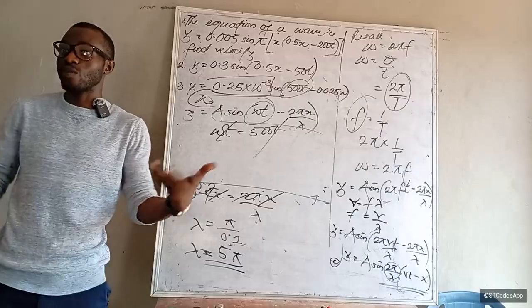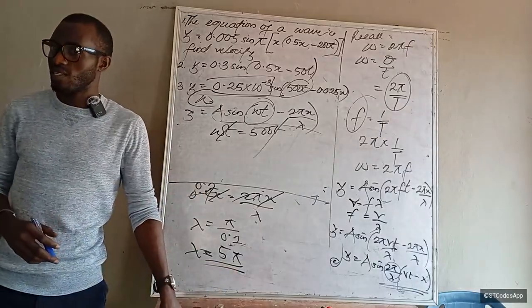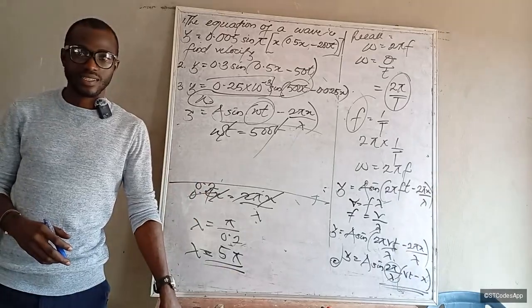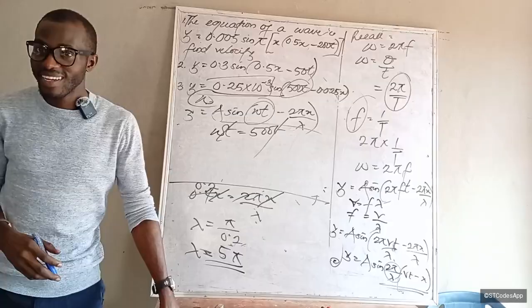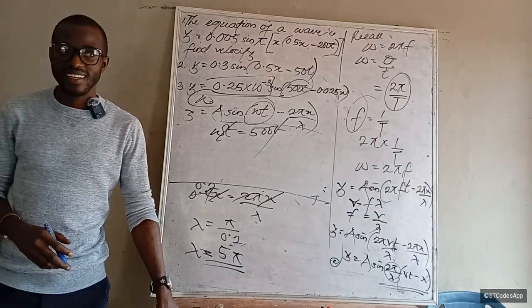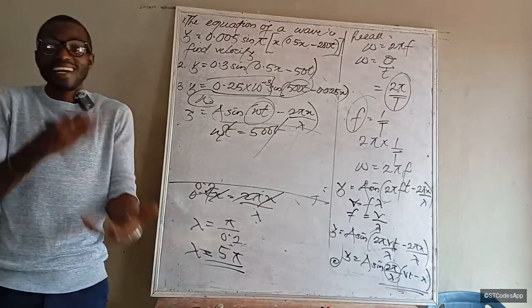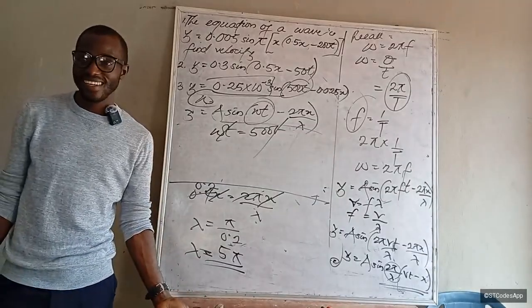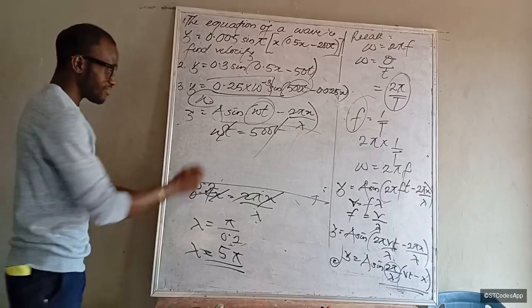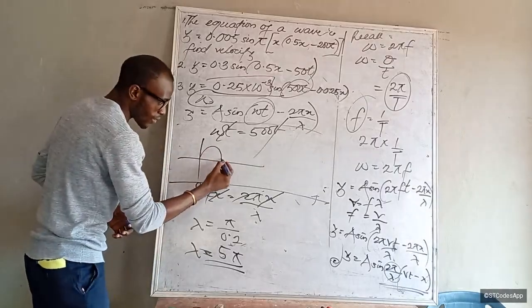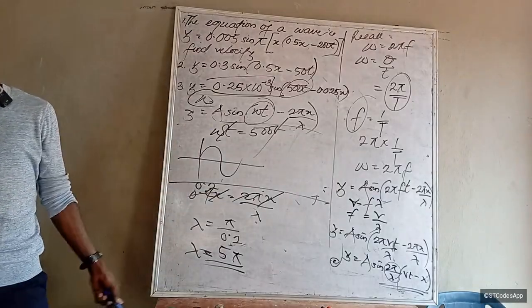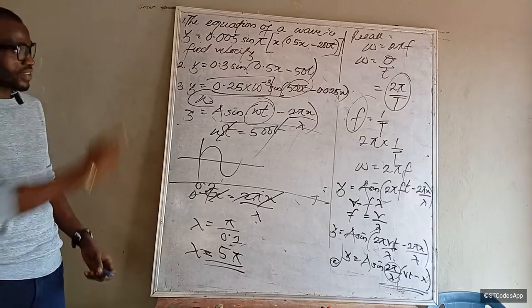The maximum upward or downward displacement of a wave is the amplitude of the wave. That's amplitude now. So what's the amplitude of that thing?